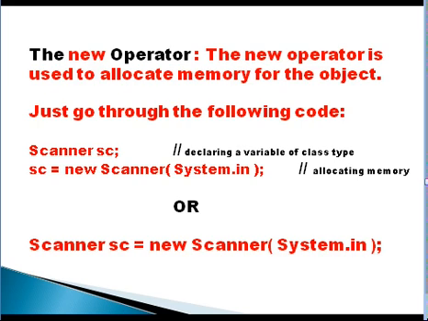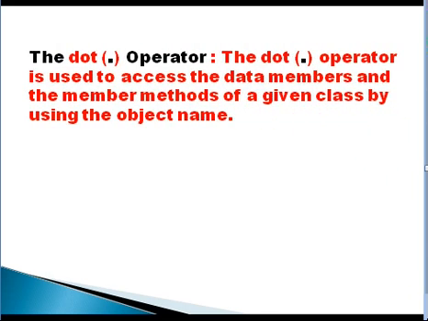But I have taken this example so that you get in touch with the Scanner class. So we use the new operator in order to allocate the memory for a given object. Next is the dot operator. The dot operator is actually used to access the data members or the member methods of a given class.